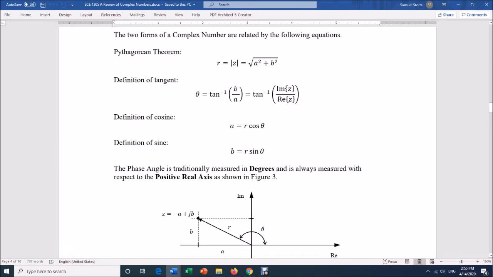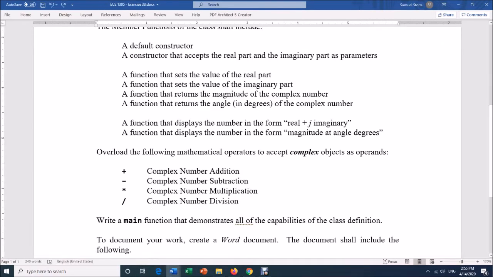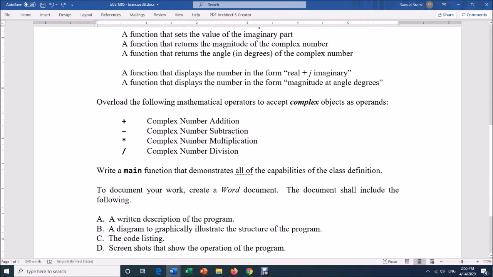In addition to this, you also had a program you did earlier in the semester. I cannot remember the exercise number, but you wrote functions to perform these calculations earlier in the semester as well. A function that displays the number in the form real plus j times the imaginary, and a function that displays the number in the form magnitude at angle degrees.